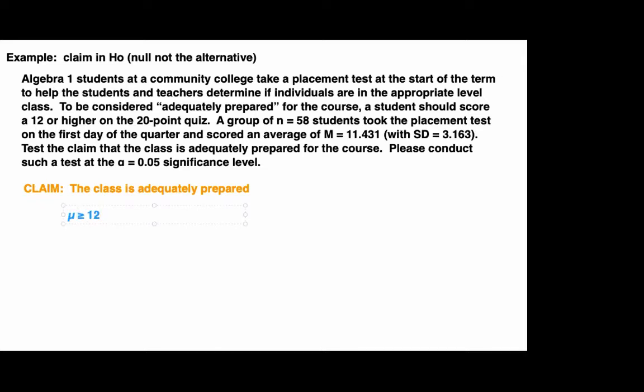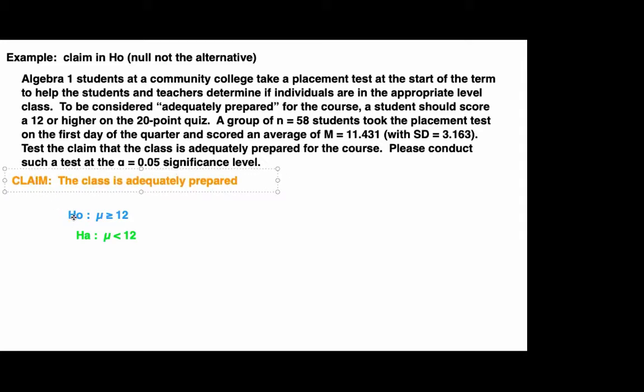Again, this contains the condition of equality. It's greater than or equal to. So that's the condition of equality, and this actually is the null hypothesis. This claim is best represented as our null hypothesis, which means the alternative hypothesis is the opposite of this, which is that mu is less than 12, i.e. that the students are not adequately prepared.